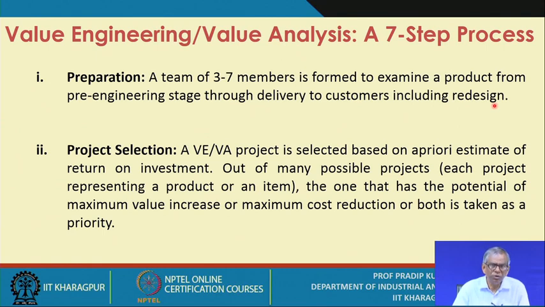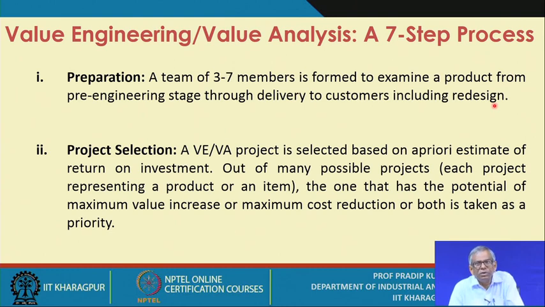The next phase, what you do now. Normally what we find, suppose you deal with, in a given situation, say 200 parts or 200 items at a particular instant in time, obviously the value engineering exercise you can undertake for each and every item.